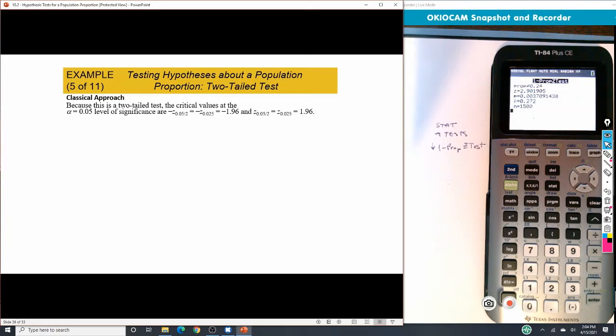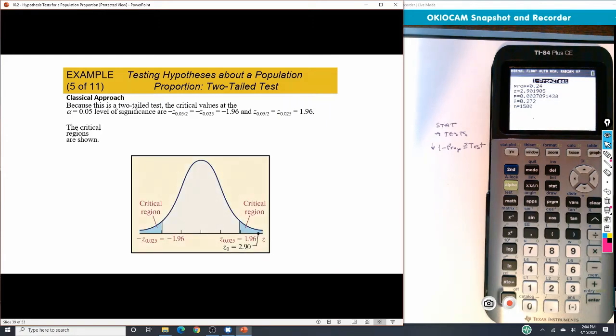So instead of 0.05, we're going to look at 0.025 on those, which is a negative 1.96 and positive 1.96. Well, 2.9 is still bigger than that, and so we're going to reject the null hypothesis.